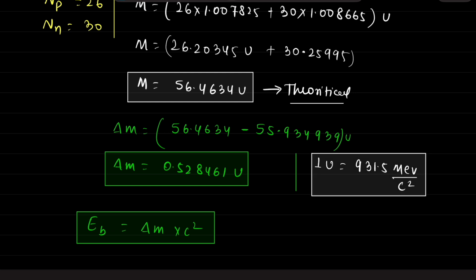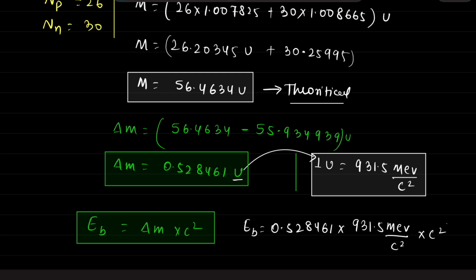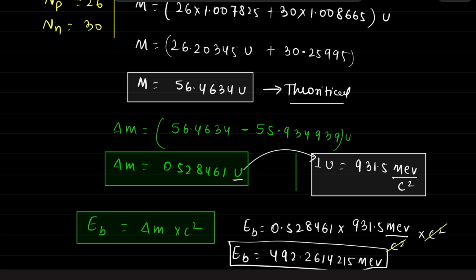So if we change this U to this value, we can write Eb is equal to 0.528461 into 931.5 MeV by C square into C square. Here you see this C square gets cancelled. So Eb is equal to 492.2614215 MeV. This is the answer for the first part of the question.